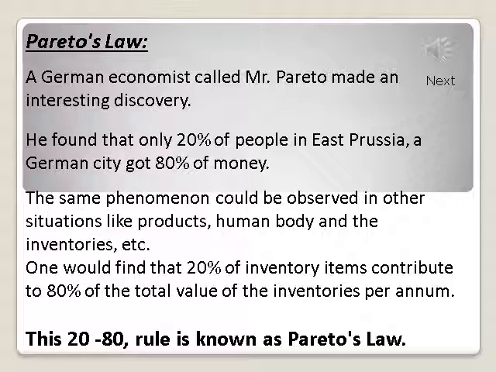This phenomenon is also observable in other situations like products, the human body, and inventories. One would find that 20% of inventory items contribute to 80% of the total value of the inventories per annum. This 20-80 is known as Pareto's law.